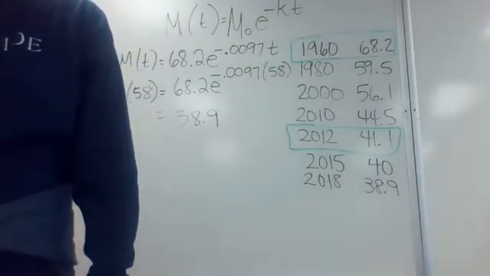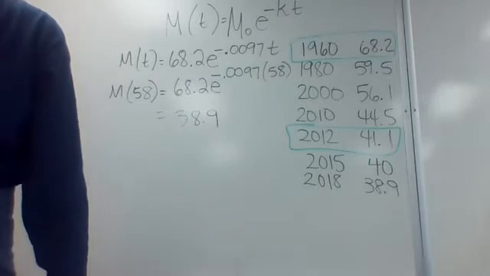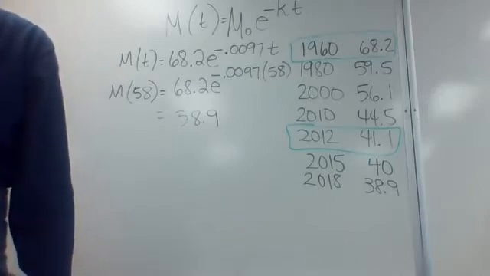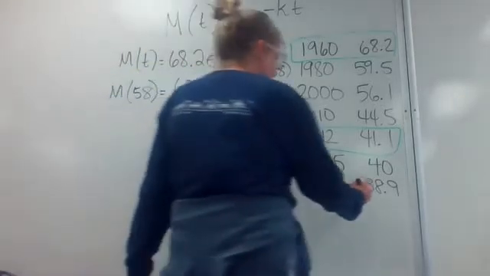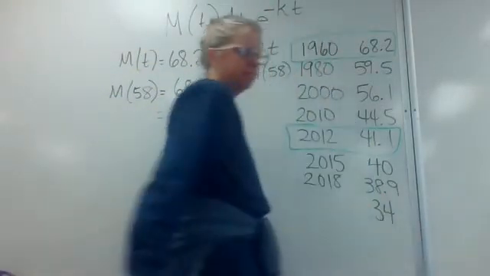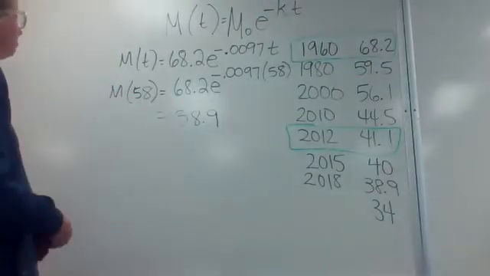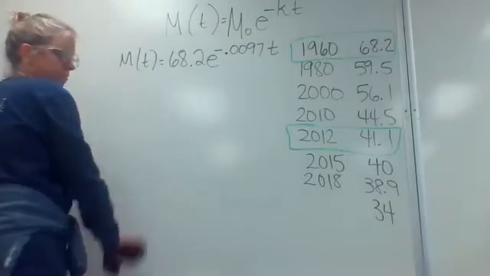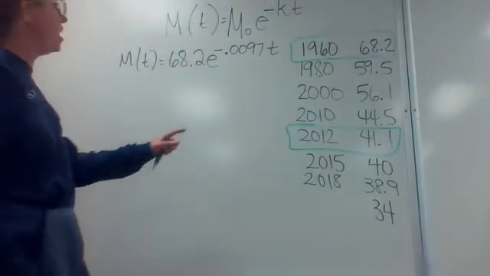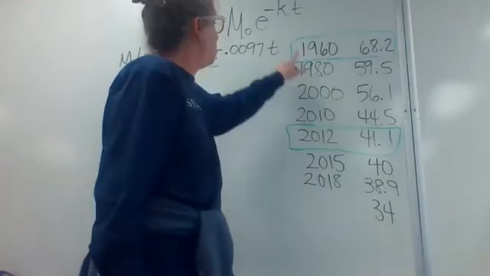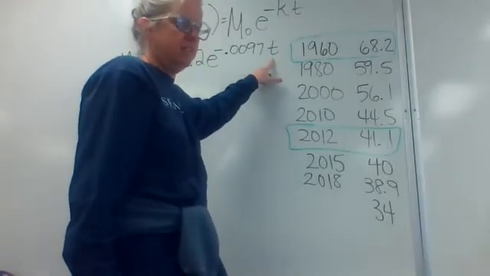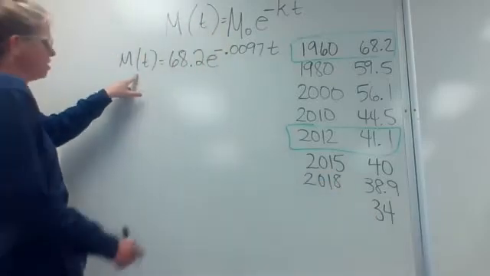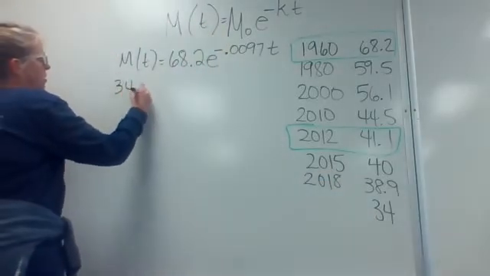The last part of this problem says, at this decay rate, in which year will the percent of adults who are married be 34%? So now what do I not know? I do not know the year, so I don't know the T. I do know the end amount, right? The end amount, which is what goes on the left, is 34.